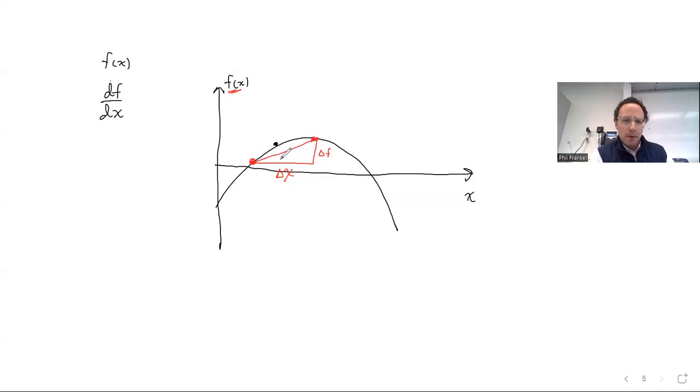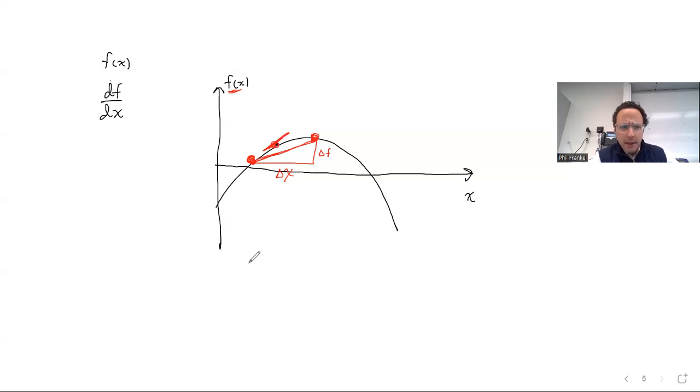Now, the slope of the hypotenuse of this little triangle is not quite the same as the slope of the function at that location. If I were to slide this point and this point closer and closer, though, to the point of interest, then the slope of the hypotenuse of this red triangle would better and better mimic the actual slope of the tangent line, the slope of the function itself at this critical location.